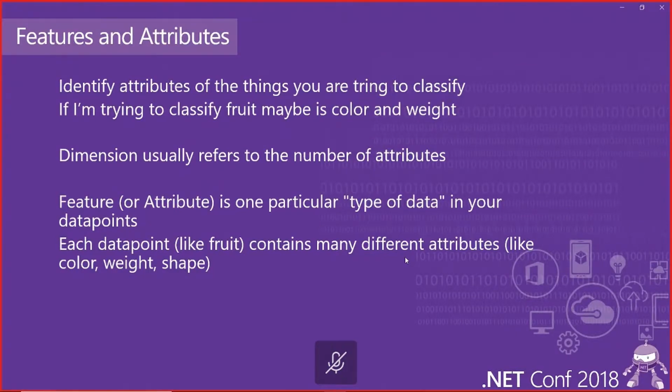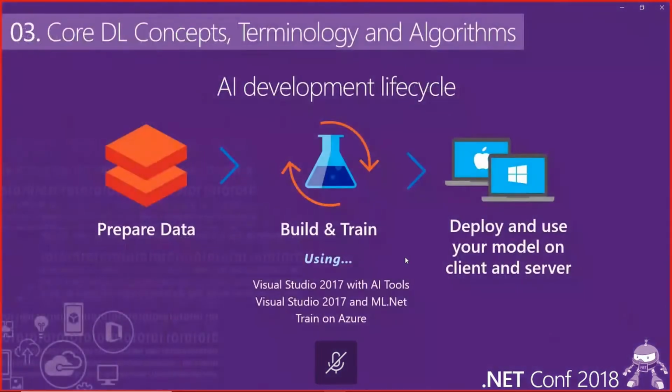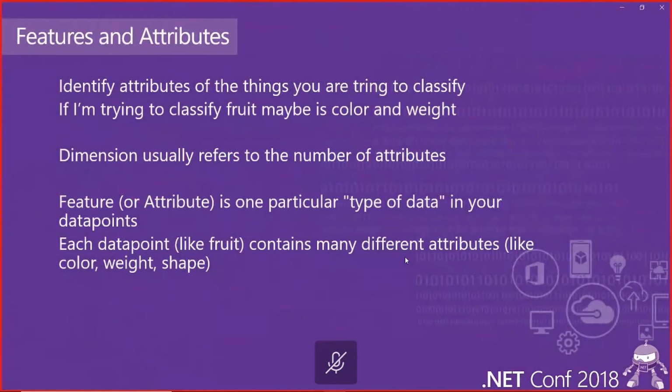So let's get a step back. Prepare the data. What does it mean, prepare the data? It means first to identify the attributes of the things you are trying to classify. If I'm trying to classify fruit, maybe the features, the attributes that I need are color and weight. Dimension usually refers to the number of attributes. So in the case of color and weight, we have 2 dimensions.